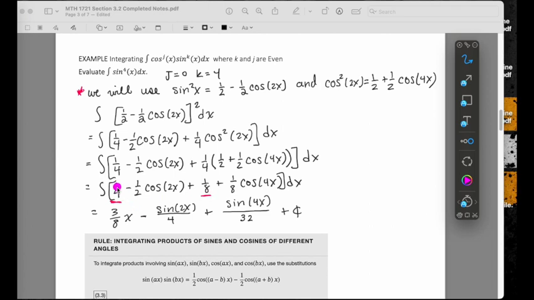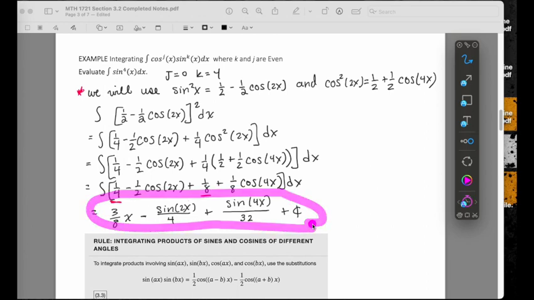So when I combine the 1/4 x and the 1/8 x, I get 3 over 8 x. And then when I integrate this, I get 1 over 8 cosine 4x, but then I have to divide by the derivative of the inner function, which is where this 32 comes from. I have 8 in the denominator, and then I have to divide by 4, which gives me a 32 in the denominator. So this is our final answer.